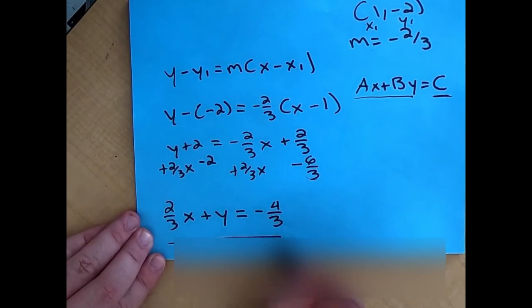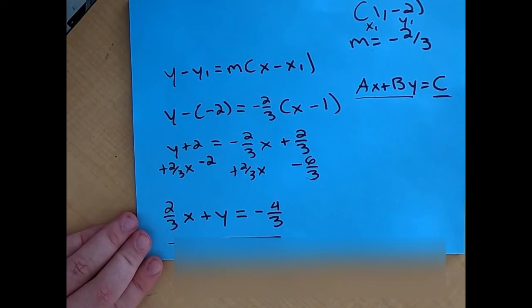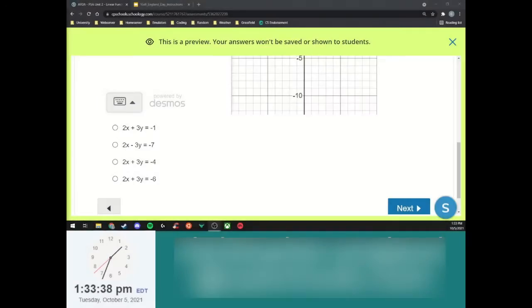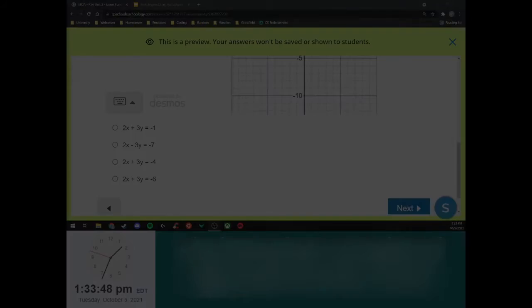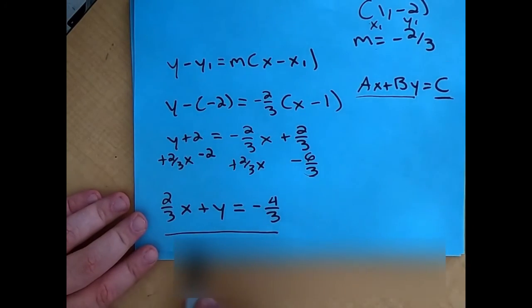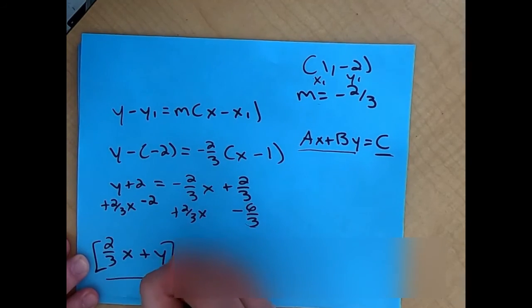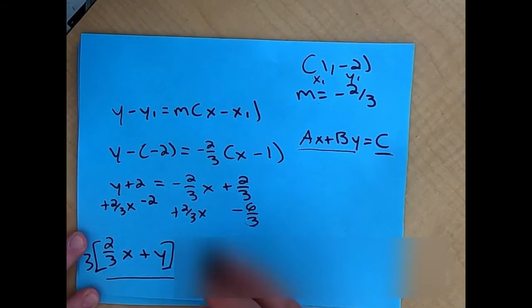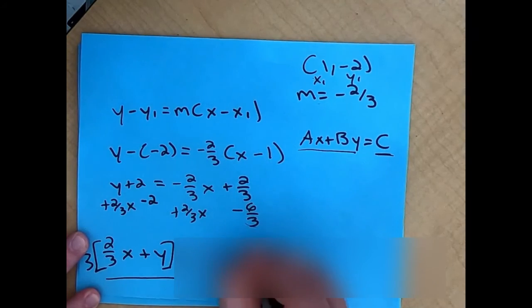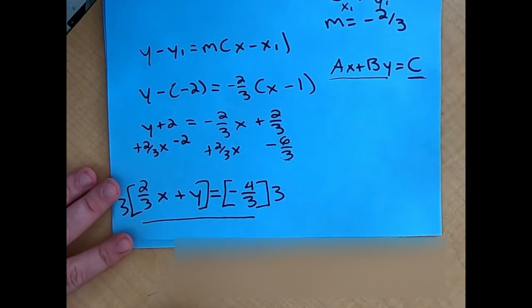So I'm here now. Looking at my answers, I don't have fractions. So what I need to do is eliminate the fractions that I have in my standard form right now. Luckily I have the same denominator on each side, so I can multiply both sides by 3, because I have an equation here. As long as I do the same thing to both sides, it's all valid.